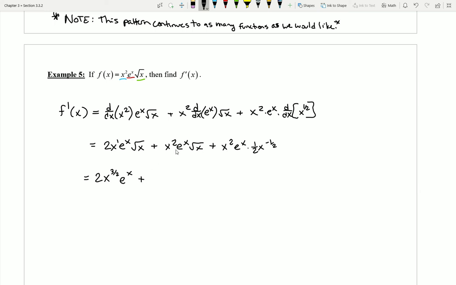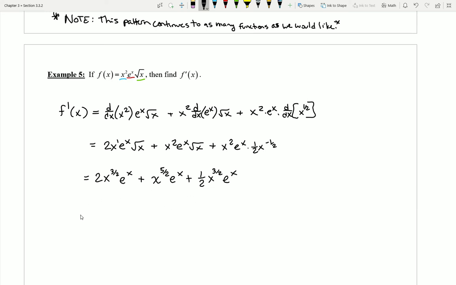In the middle here, since I have x to the second power and x to the half, I could write this as x to the 5/2 power. And over here, since I have x to the 2 and an x to the negative 1/2, I could write this as an x to the 1.5, or again, 3/2.